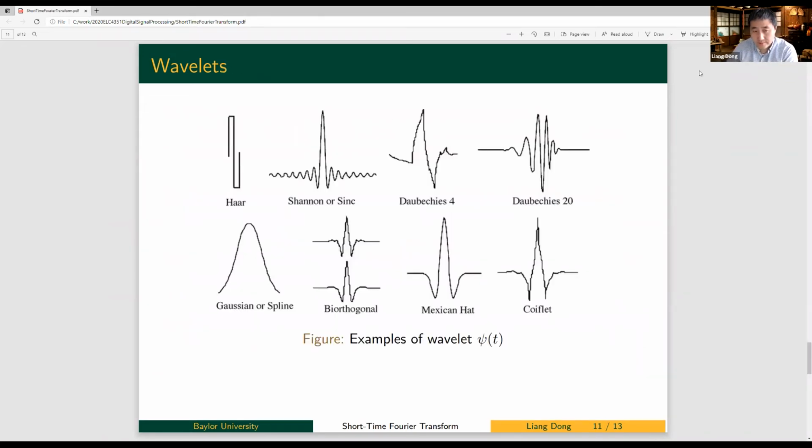So the wavelet, why we call it wavelet, it's called a small wave. Small wave is wavelet. Now, let me draw here: X of omega is the Fourier transform, the integral of x(t) e to the power negative j omega t dt, integrating from negative infinity to infinity.